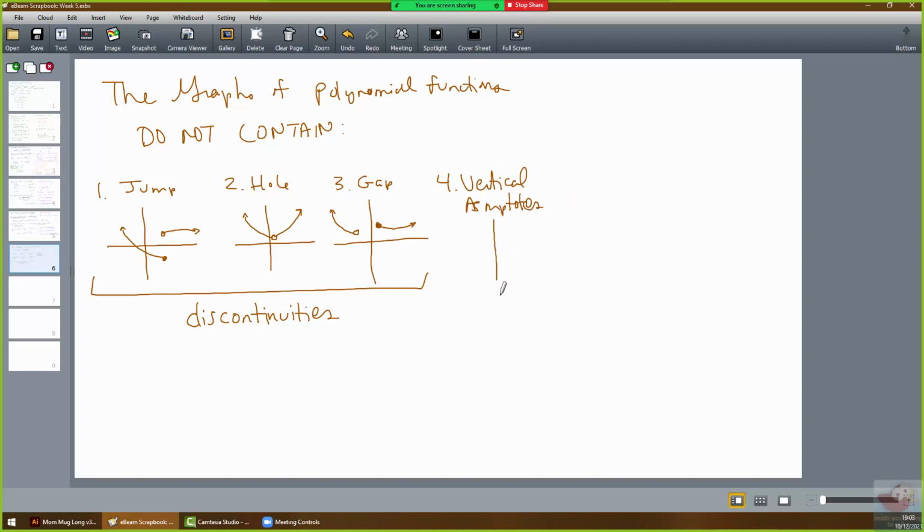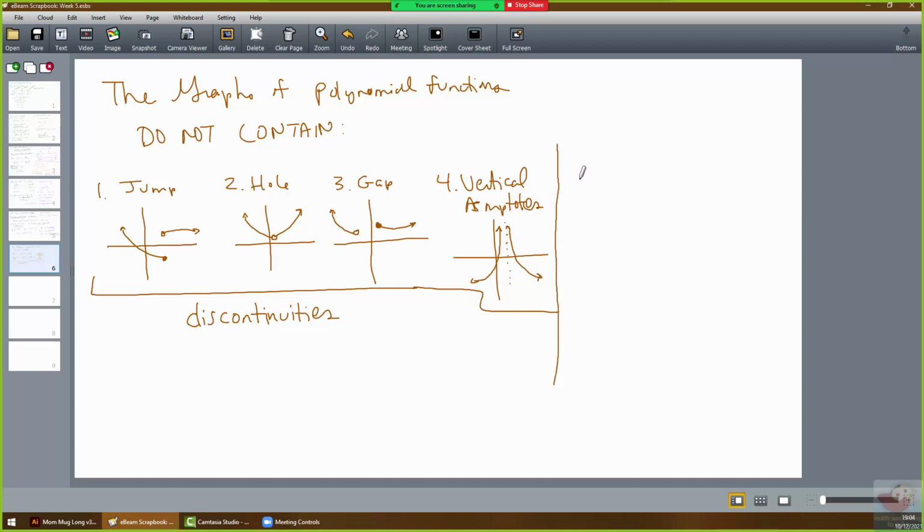So I should add that to my repertoire. You can't have any vertical asymptotes. Yep. You're just making up that graph.